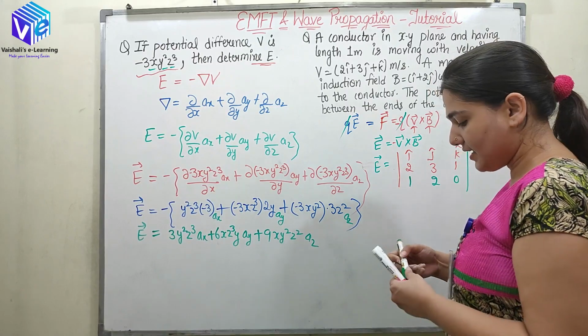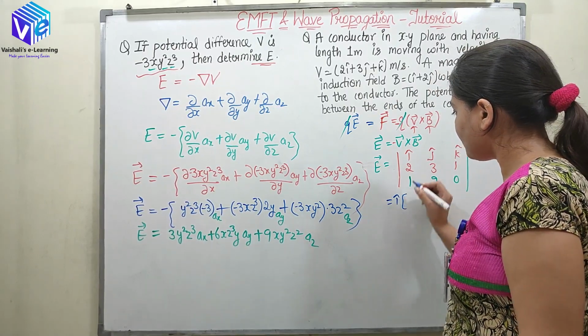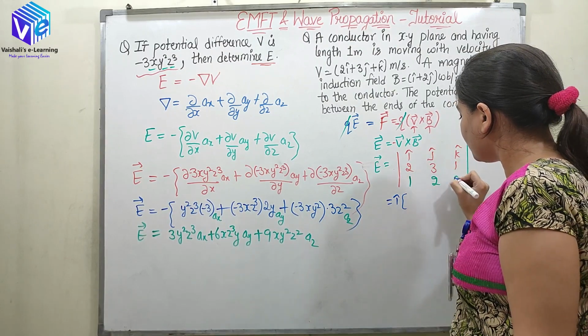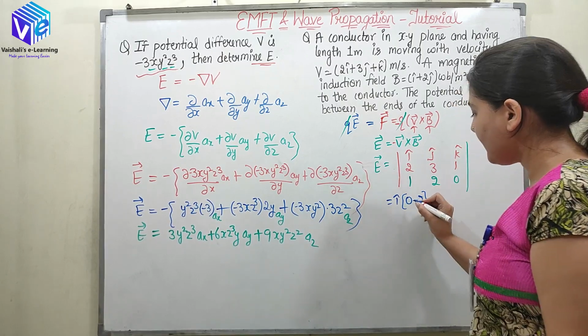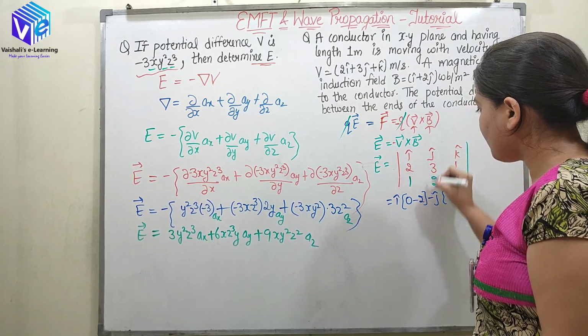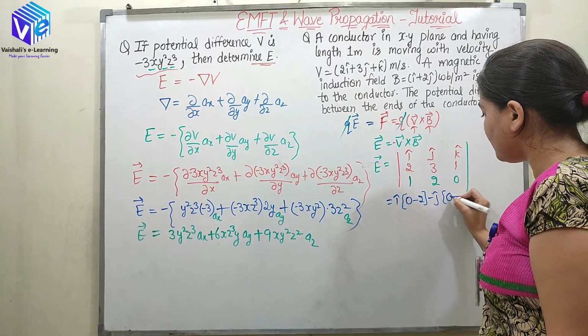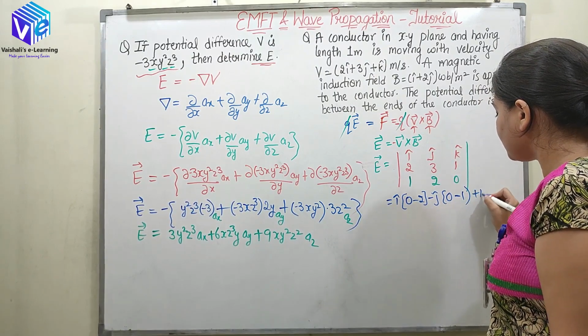So now we can find out E. E will be equal to i, so I will leave out this column and this row: 3 into 0 will be 0, 2 into 1 will be 2. So i times 0 minus 2, minus j. I will leave this column and this row: 2 into 0 will be 0, minus 1 into 1 is 1. So now plus k.